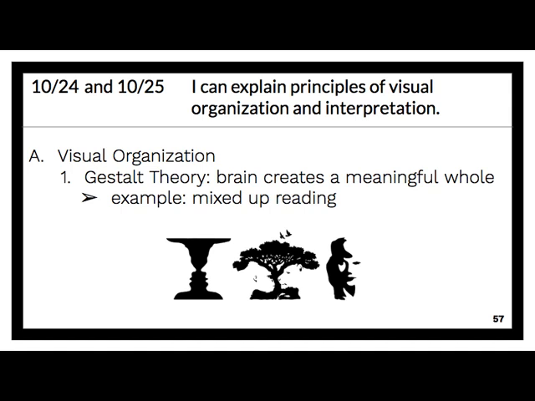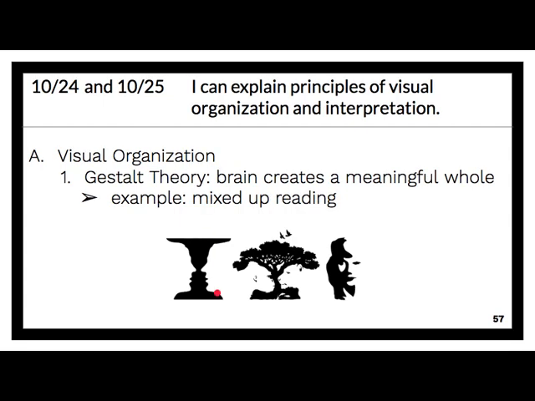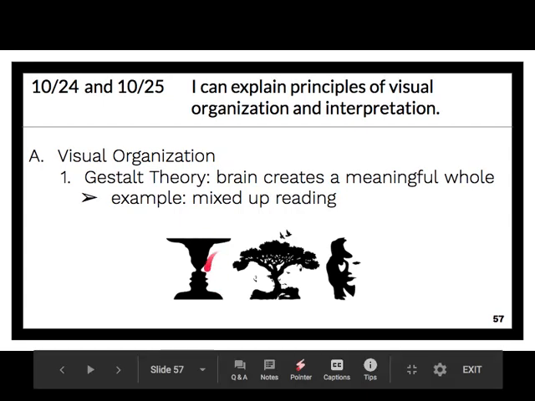So we're going to be looking first at how our brain perceives images as a meaningful whole. So here you probably have seen something like this, okay, with the vase. What else do you see? Okay, and then, yeah, a cup and two faces. And then here, I love this one. Okay, and then what do you see here?